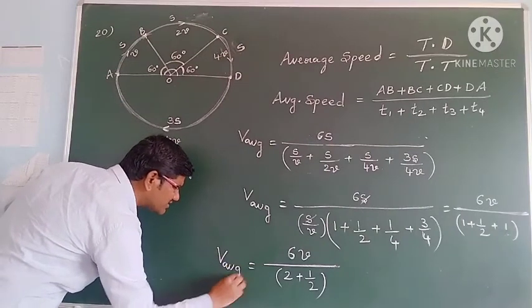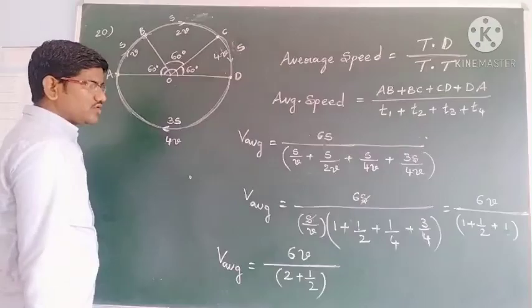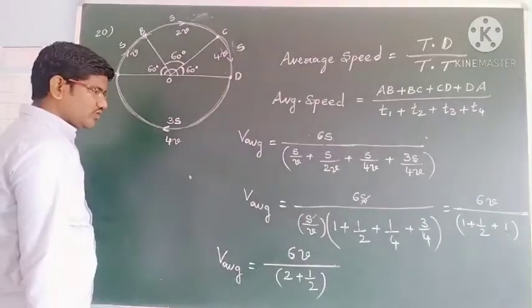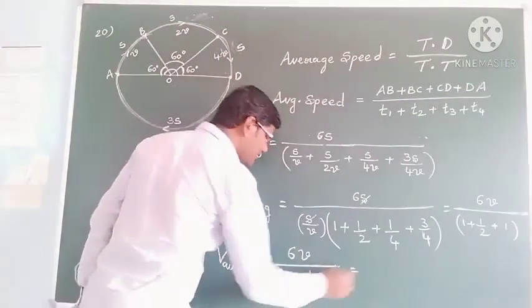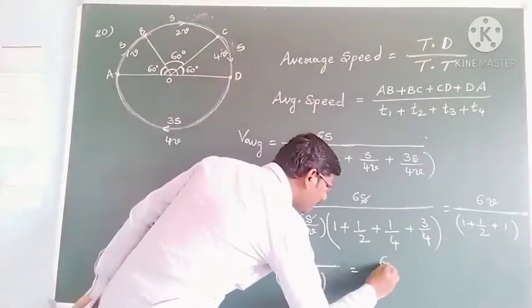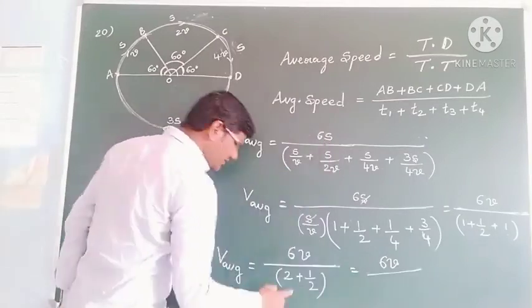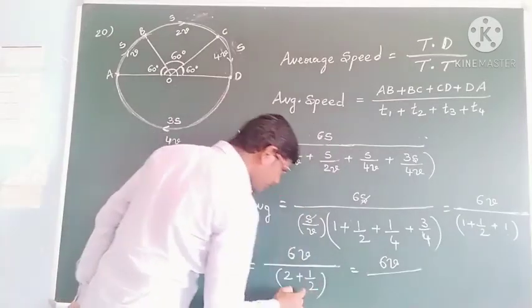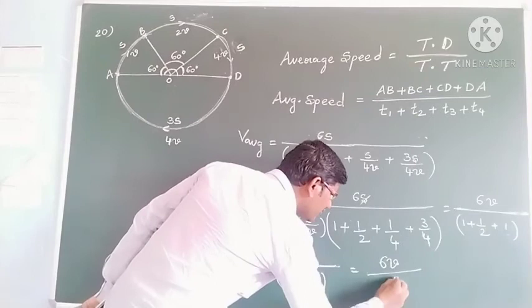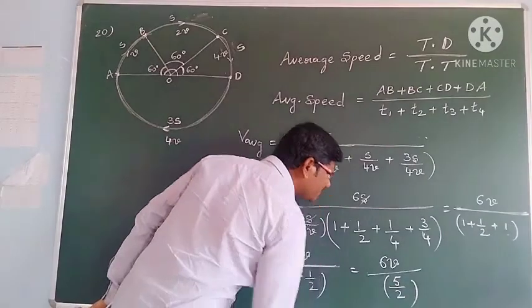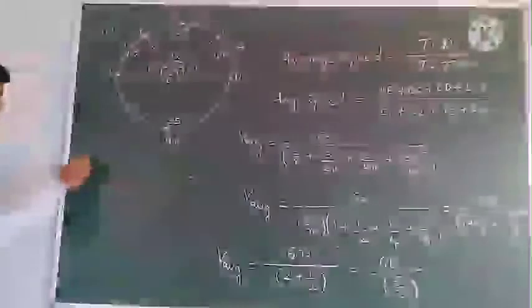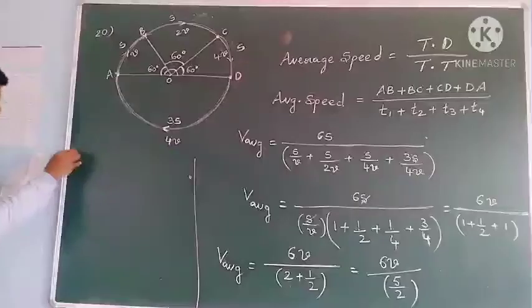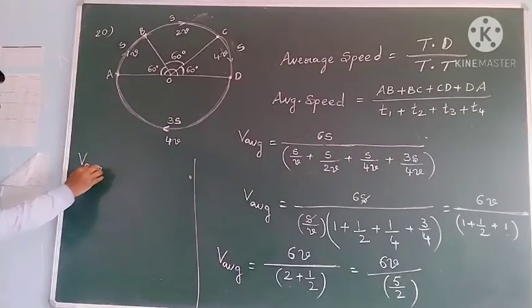V average. Okay students, so then 6V by 2 into 2 is 4 plus 1 is 5 by 2, so the average speed we are getting.